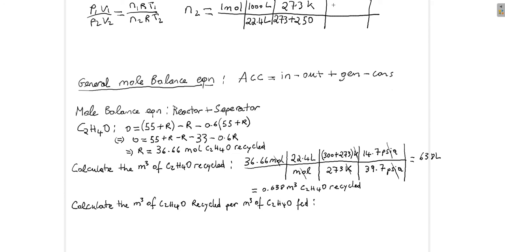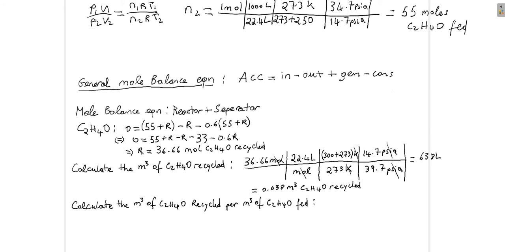And we multiply this by 34.7 psia over 14.7 psia. And we found N2 to be equal to 55 moles of C2H4O fed.